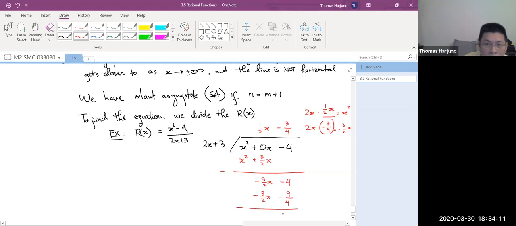I don't worry about the remainder because what I need is the quotient. So the slant asymptote will be y equals 1/2 x minus 3/4.